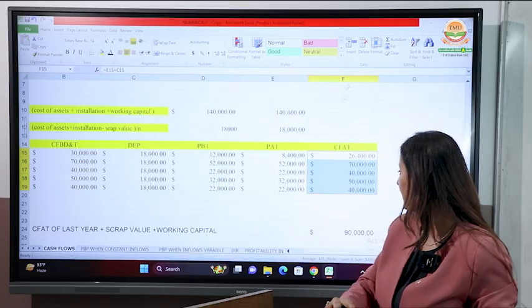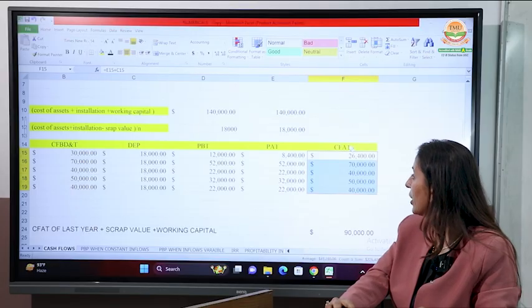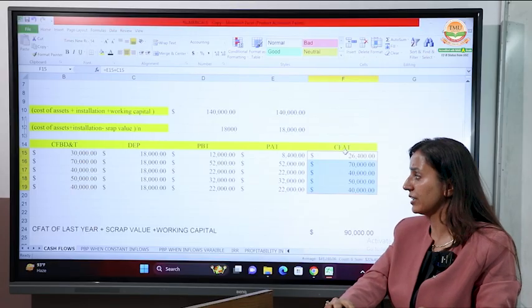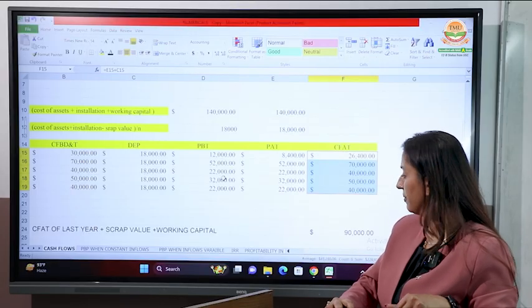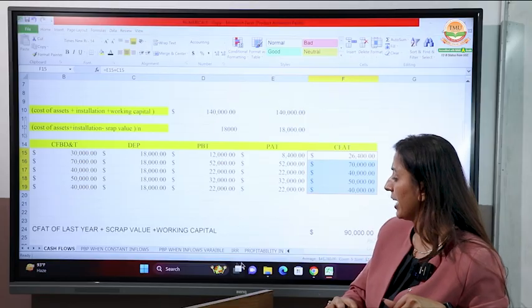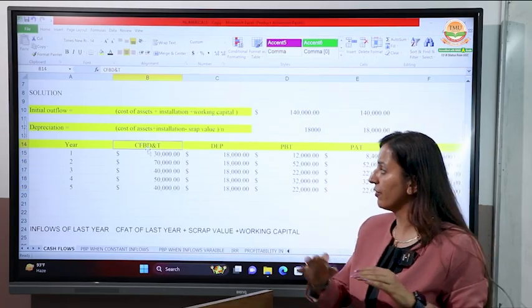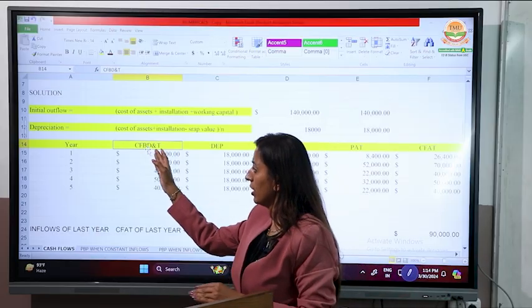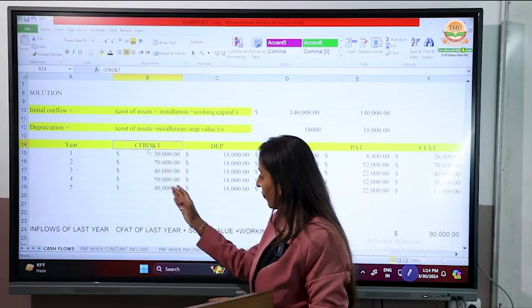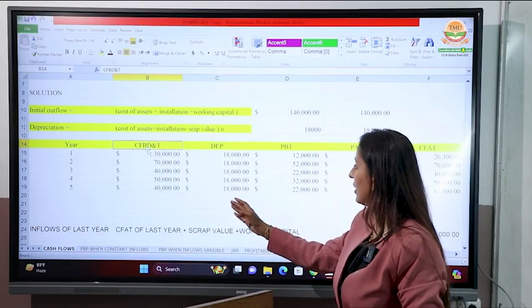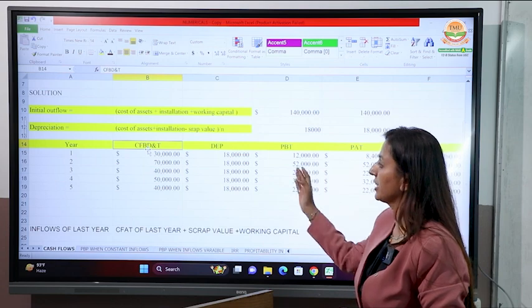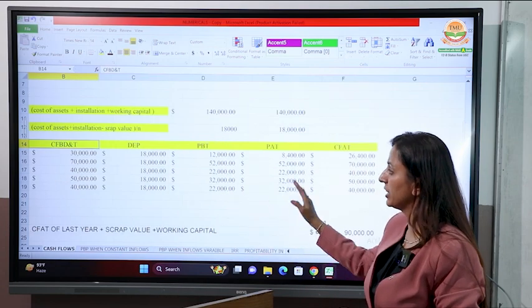Very simple and easy. So what we have added, we get a profit after tax. Hope you remember this thing. Hope you get the value of how we are calculating it. Please have a look at this again. We have been given a cash flow before depreciation and tax. Those are different values. Depreciation we have calculated. Profit before tax means calculated after depreciation.